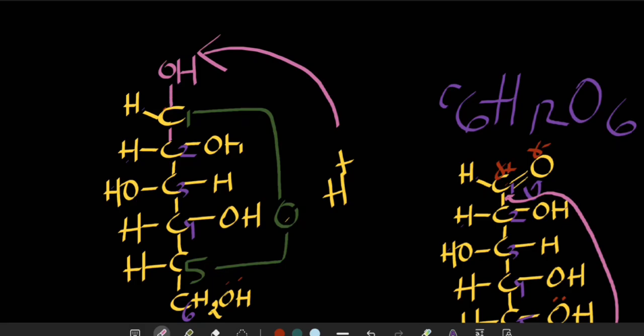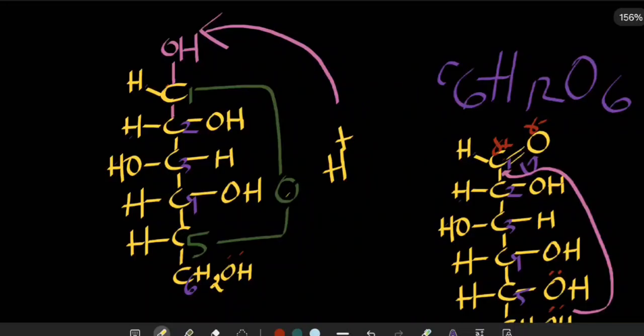So now if we count the valence bonds of carbon, it's going to be 1, 2, 3 and 4, right? So 4 bonds are being shown by the carbon. So now as you can see over here, the 5th carbon is actually attached to the 1st carbon, and then the aldehyde group is reduced to an alcohol group, right?